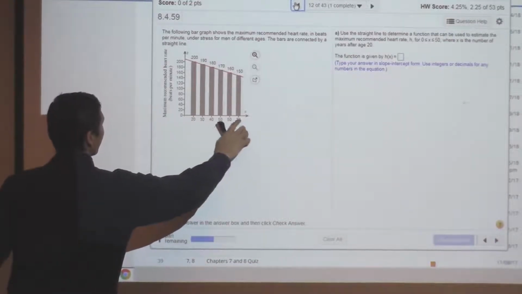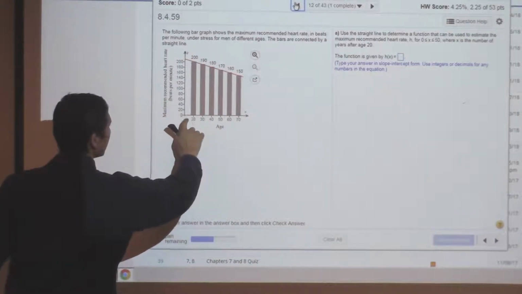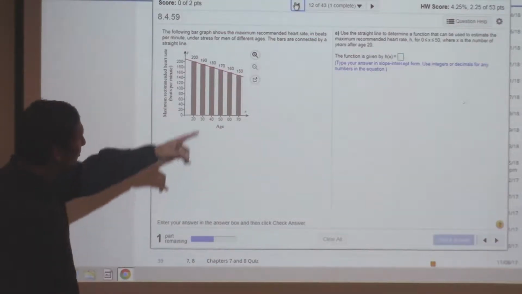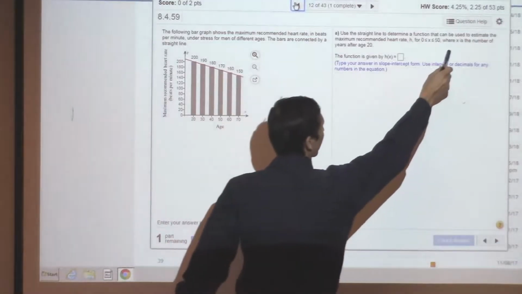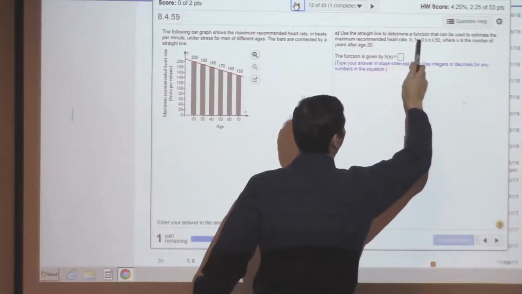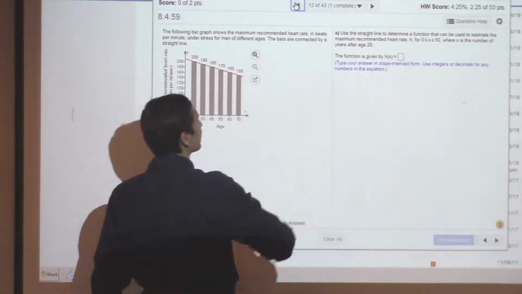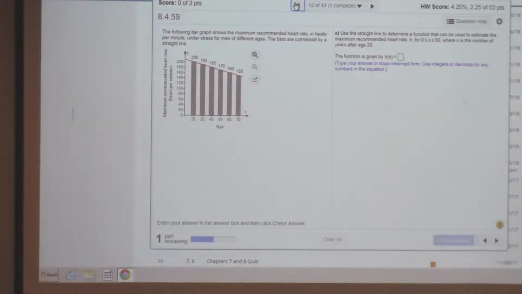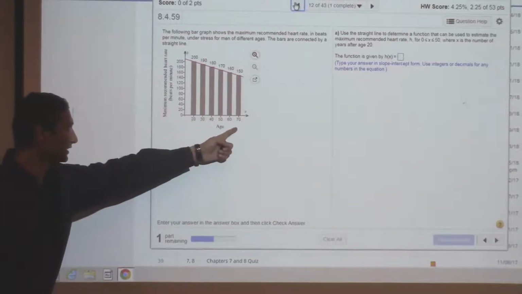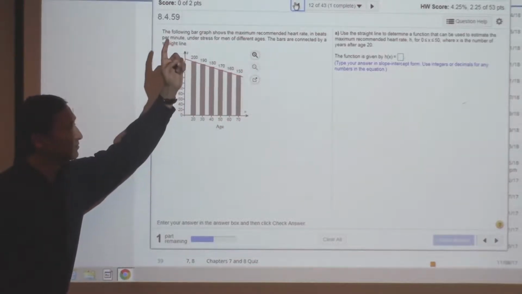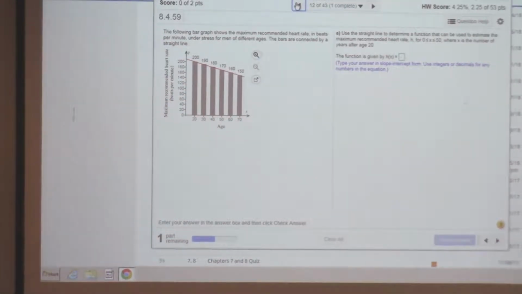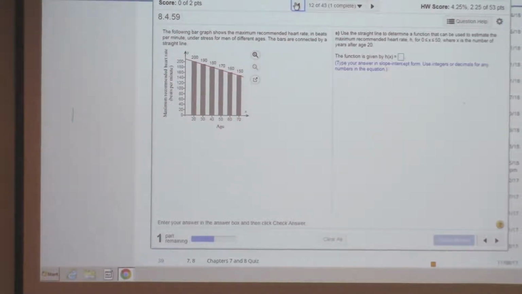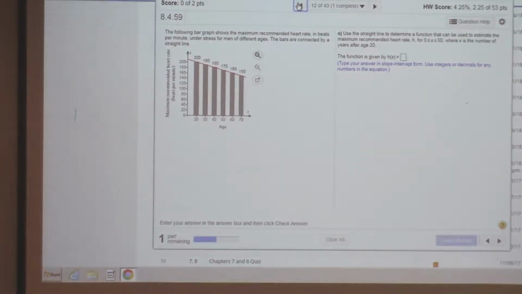But the problem says you want x to be not age, but the number of years after age 20. So now these x values are not good for us. We need to shift these x values to our new x values, which represent the number of years after age 20.